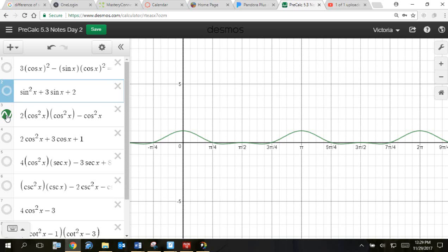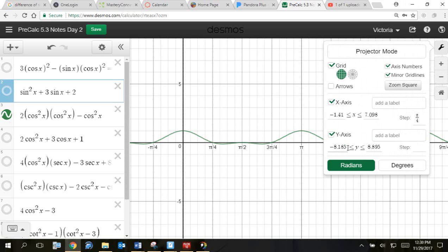That's this one. So, Desmos won't let me put in a 4th power, so I had to write cosine squared times cosine squared. It is that one. So that's what the graph looks like. I'm going to change the y's.